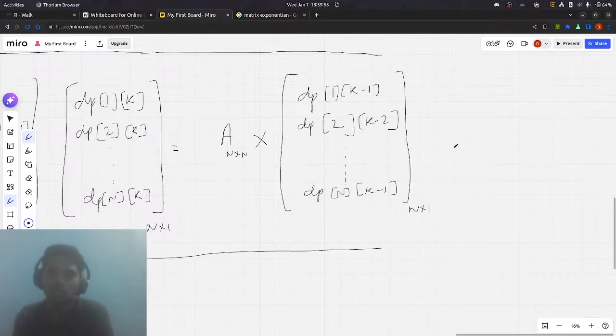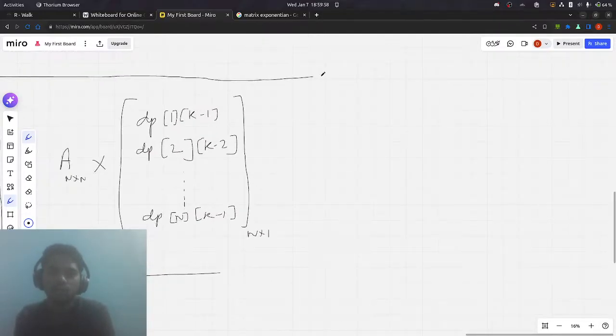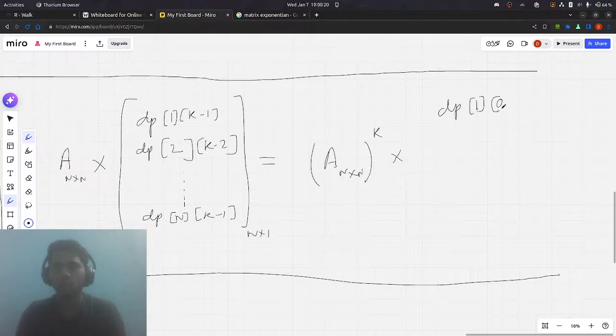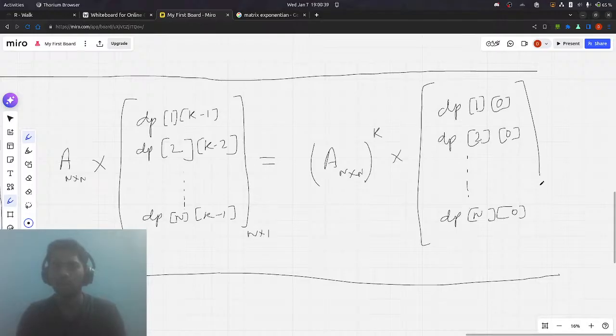So we can further expand this and write it as the n cross n matrix to the power k multiplied by dp 1 0, dp 2 0, all the way up to dp n 0, which is nothing but our base case, and that is 1 only.